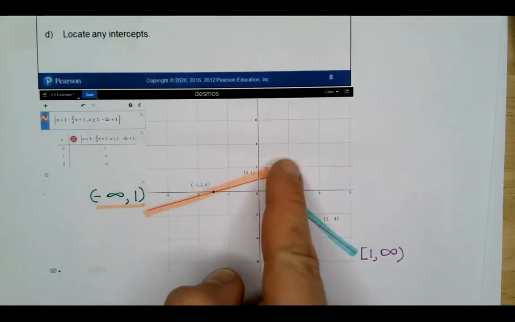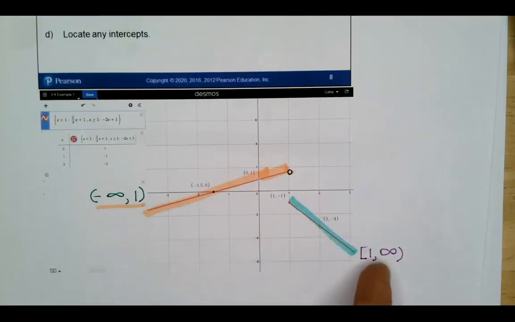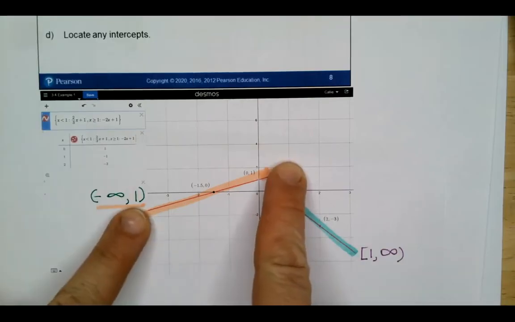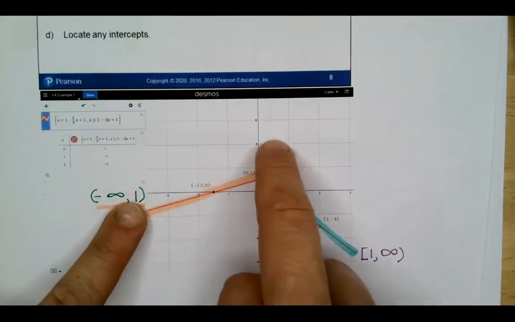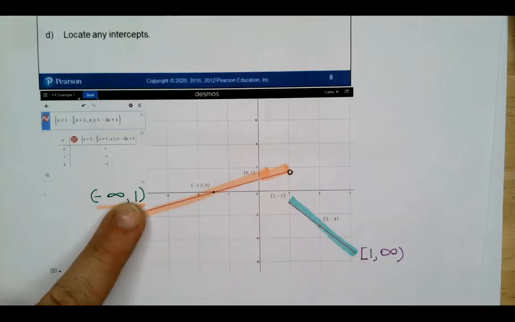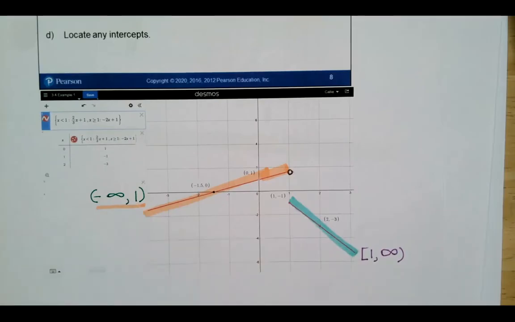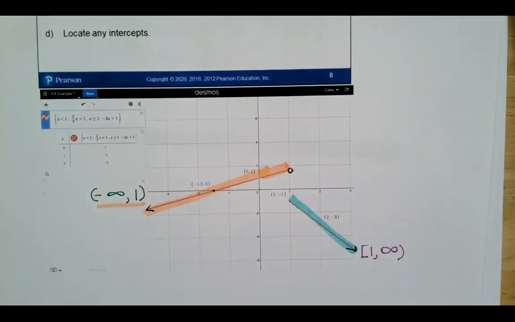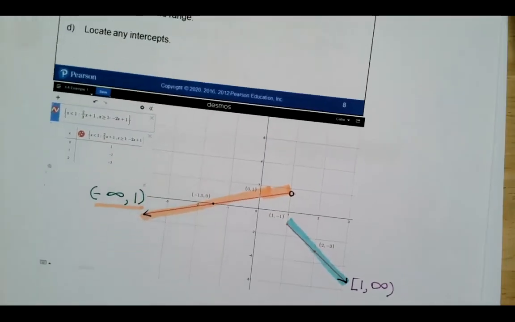So as we approach 1, we jump down here and we continue towards positive infinity. We start at negative infinity on this graph, jump at 1, because we cannot include 1, but this one can include 1. Jump as soon as we get to 1, and then go this way forever, okay? That is what a piecewise function is. And it can have 2 parts, it can have 3 parts, however many parts, okay? That's what they mean by piecewise.